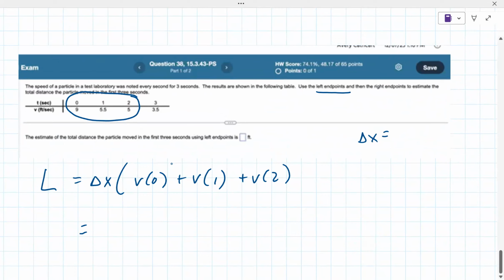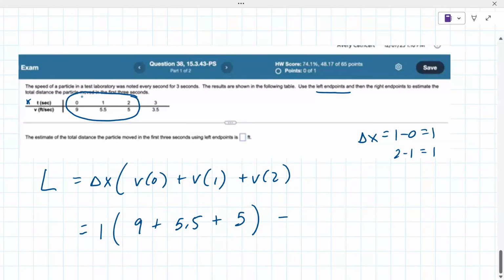It's the width between the x values, or the t's, but think of them as x's. So it's like 1 minus 0 is 1, or 2 minus 1 is 1. And then you're just taking the velocities at each output there. So basically, you're just grabbing the 3 bottom numbers and multiplying by 1, which doesn't change anything. So this ends up being 19.5.